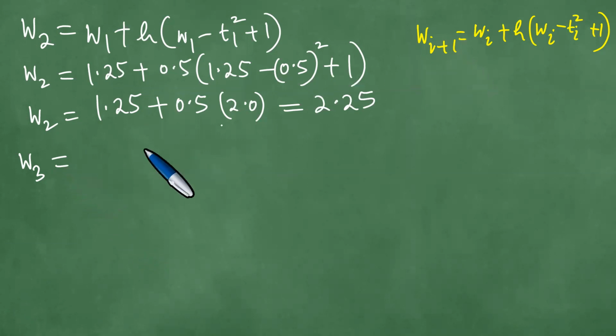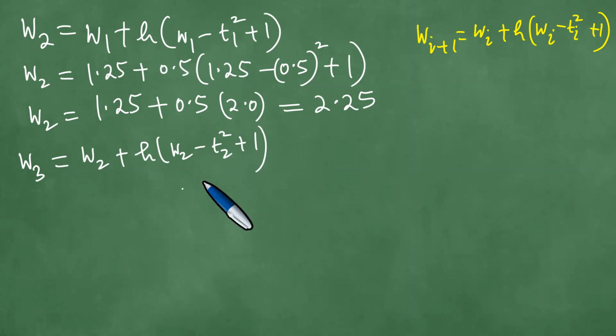Here we put I equals 2, which means W3 becomes W2 plus H, obtaining W3 here, just maintaining the rest of the symbols, and then the next step we do substitution. So W3, when I is 2, is W2 plus H times W2 minus T2 squared plus 1.